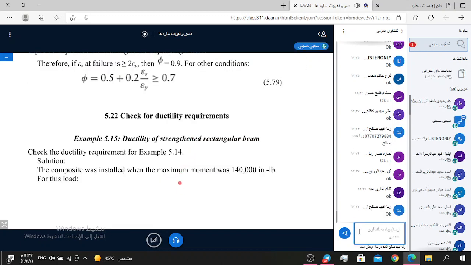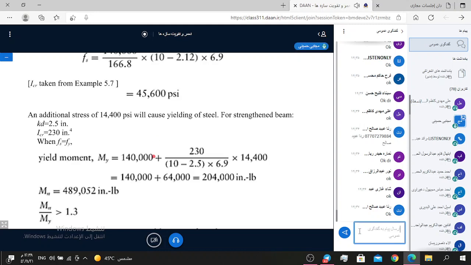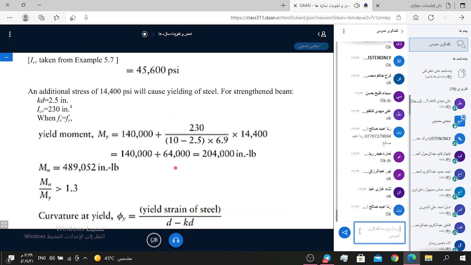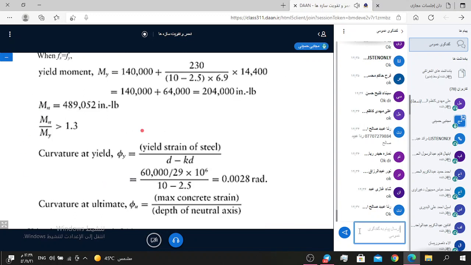And also we studied the example about ductility of a strengthened rectangular beam. First compute the stress in steel and the yield moment, then you can check the curvature at yield and ultimate curvature.